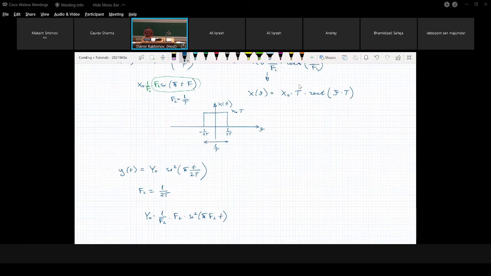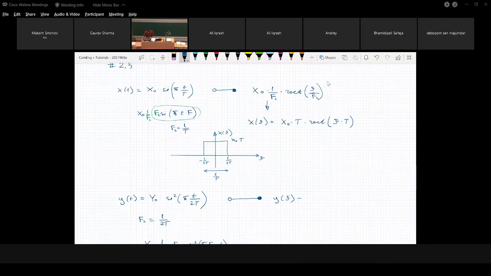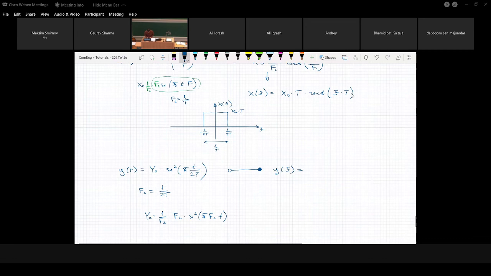Now it's very easy to find the Fourier transform for such a form of our signal. After the Fourier transform, we will get the following: our signal in frequency domain, Y of f, equals, and then we just write what we have. We have capital Y0 times 1 over f2 times, and what is the Fourier transform for this part? Capital F2 times the c square function of pi f2 times t.